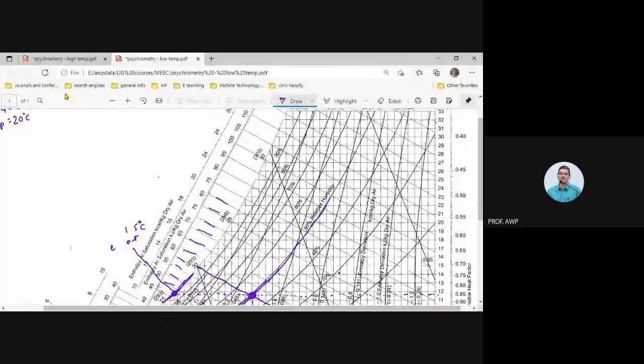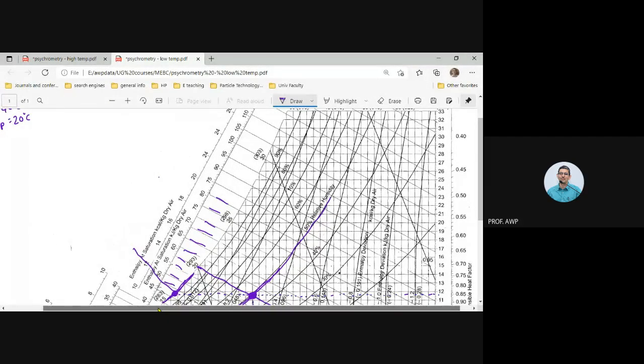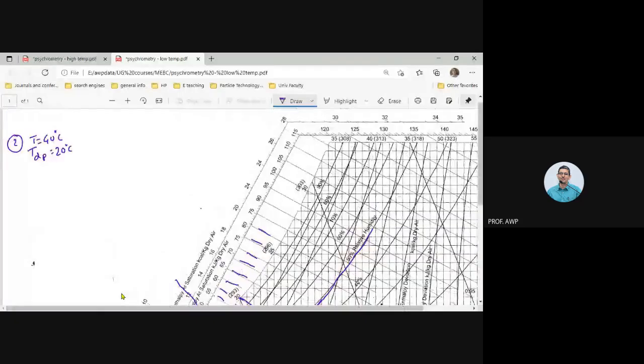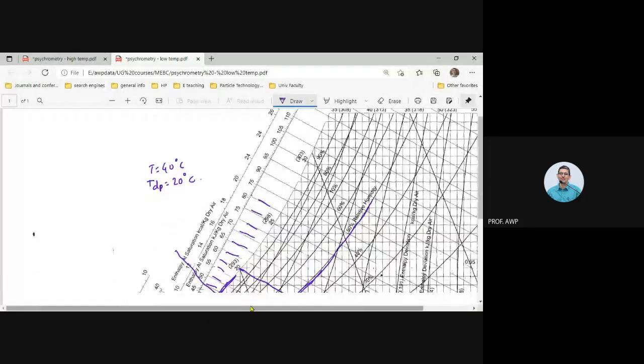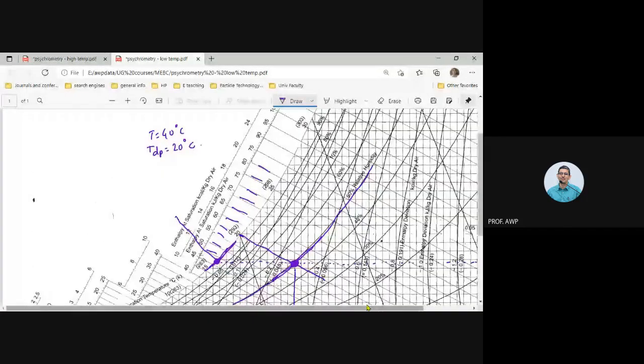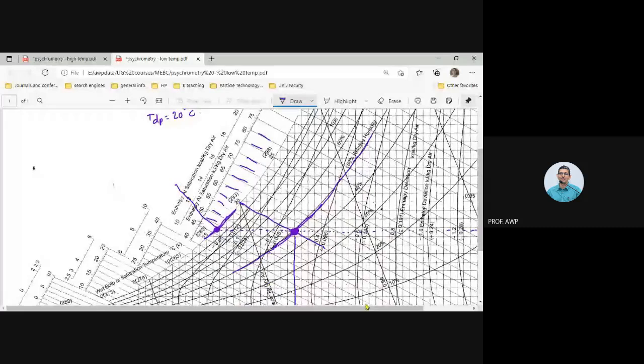Second problem. What is the second problem? Here, temperature is 40 degrees centigrade. Dew point is 20 degrees centigrade. Now identify this point using this humidity chart.